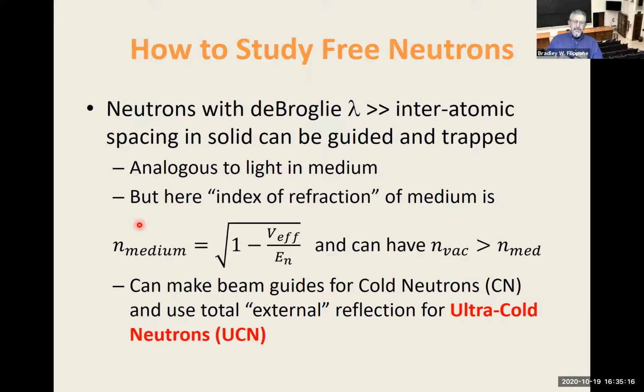This allows you, instead of where light can be totally internally reflected, to have neutrons that are externally reflected. And so the neutron is reflected and continues propagating. That's how you make cold neutron beams.